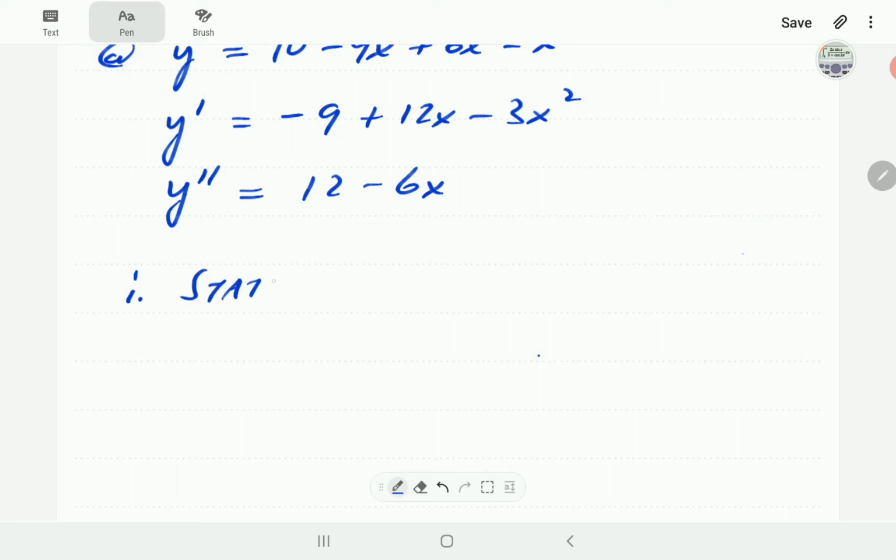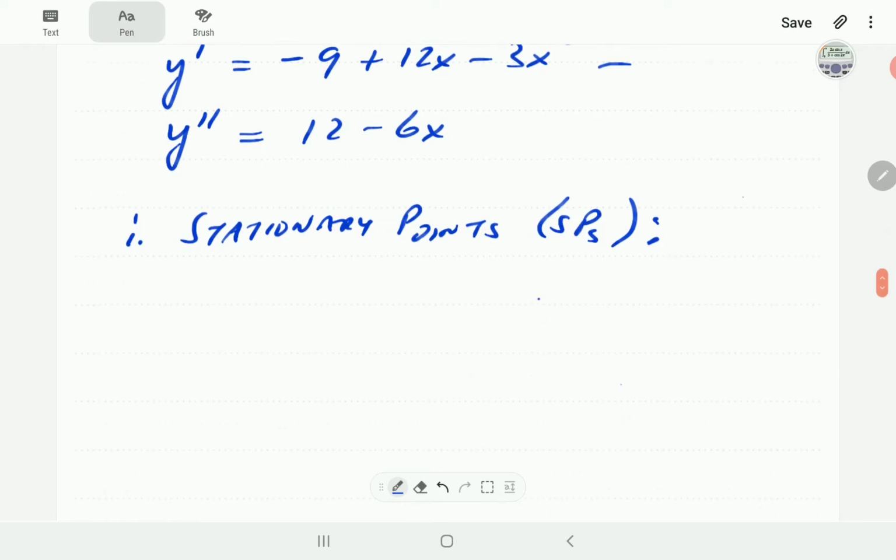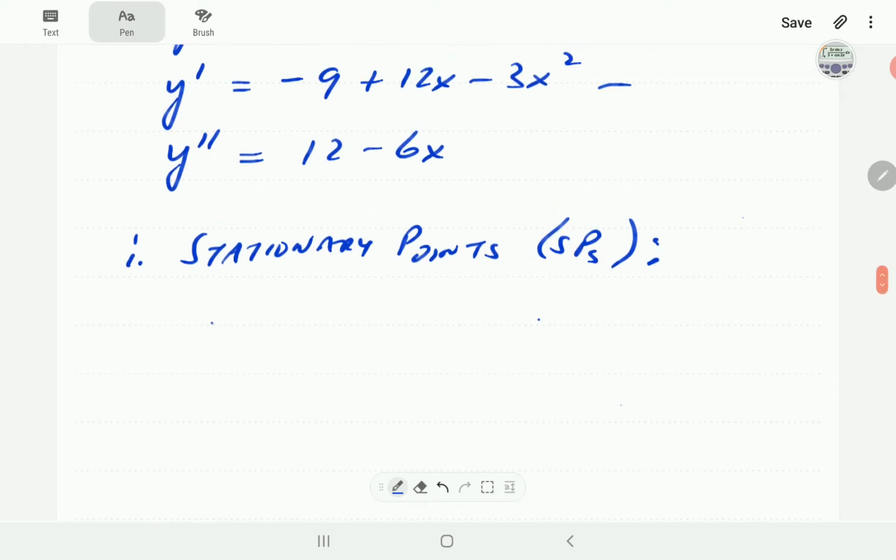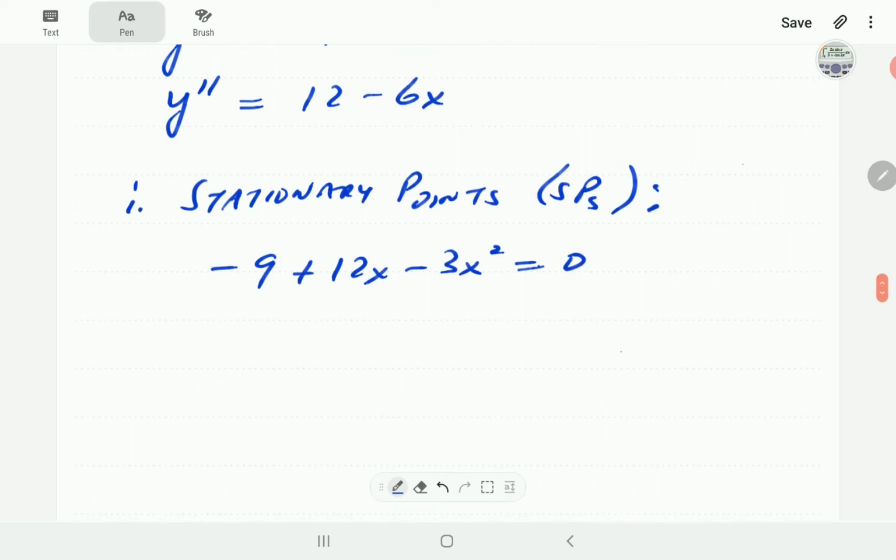Alright, then in part 1, we are going to find the stationary points. So stationary points, we are going to abbreviate this as SP. Now, the stationary points are obtained by taking the first order derivative, equating to 0 and solving. So we're going to have minus 9 plus 12x minus 3x squared equal to 0. Now, you're going to notice that 3 is common in all the terms here.